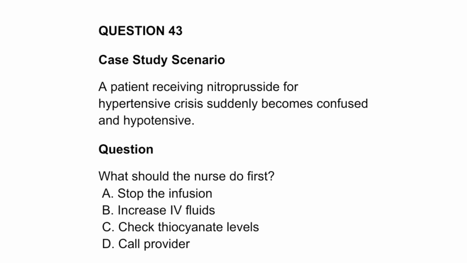Question 43. Case study scenario. A patient receiving nitroprusside for hypertensive crisis suddenly becomes confused and hypotensive. Question: what should the nurse do first? A. Stop the infusion. B. Increase IV fluids.